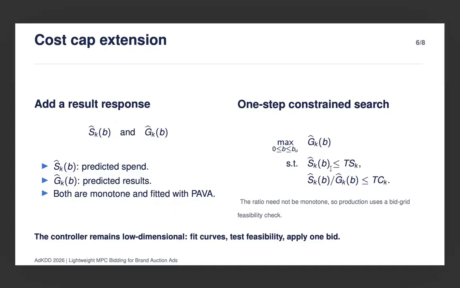One is the predicted spend must stay within the interval target, and predicted cost per result must stay within the cost target. Spend and result here are individually monotone, but their ratio may not be. So we therefore apply a simple grid feasibility search over bids. And the serving loop remains small, transparent, and fully online.